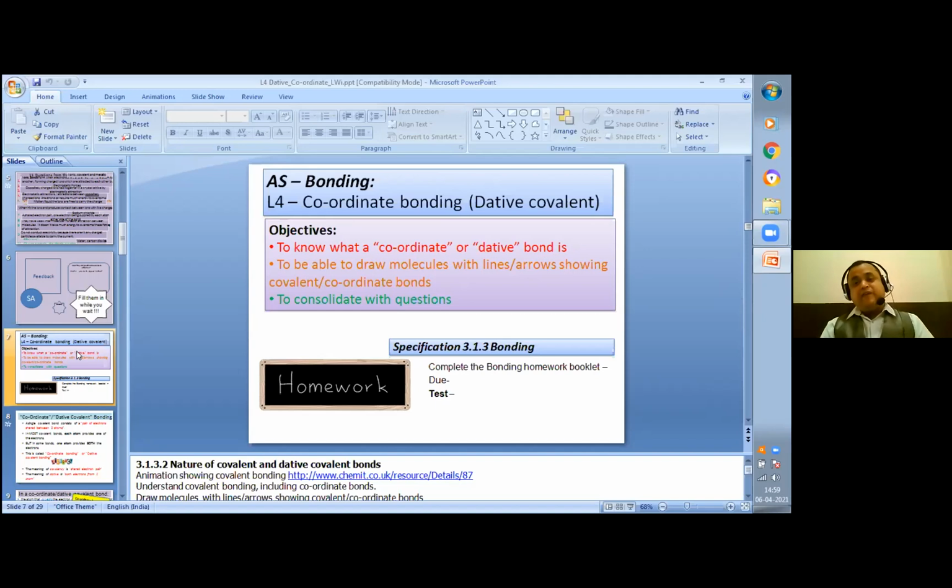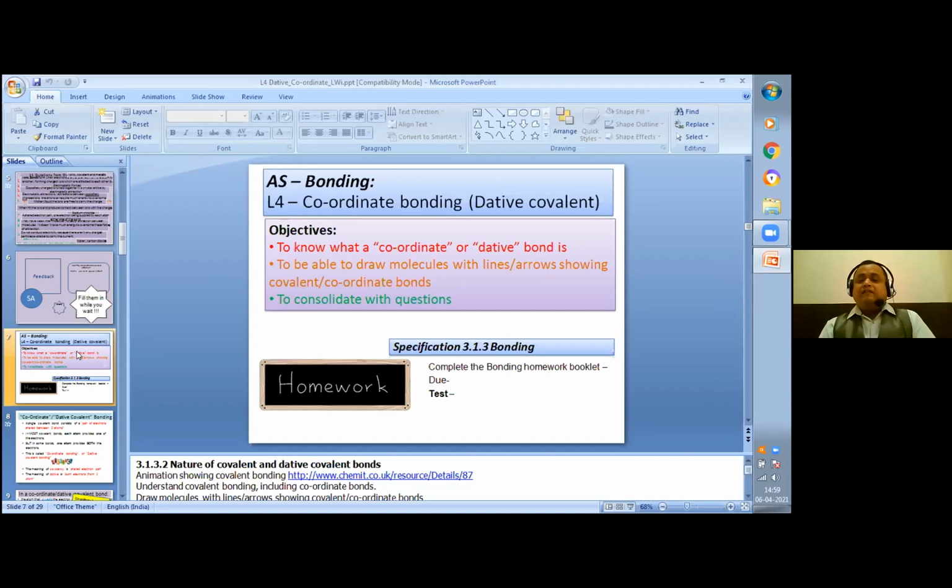That's why B has a tendency to accept a pair of electrons, and A has the capacity to donate a pair of electrons to B, and that's why there is a bond between A and B. How will you know which one is donor and which one is acceptor? That's simple, by putting an arrow between A and B.